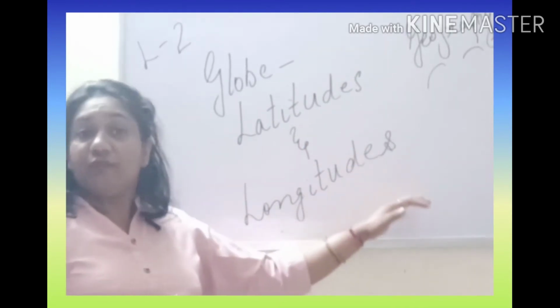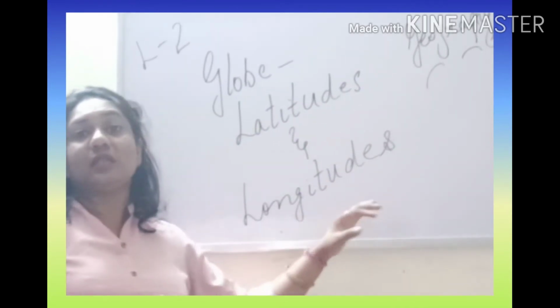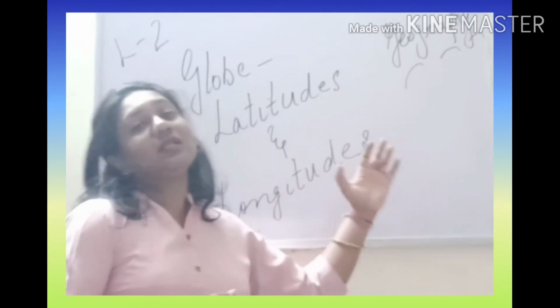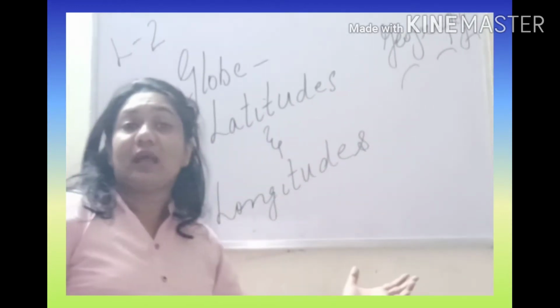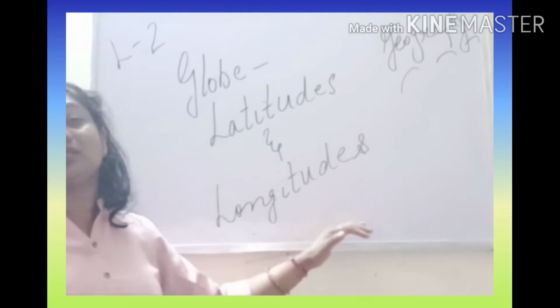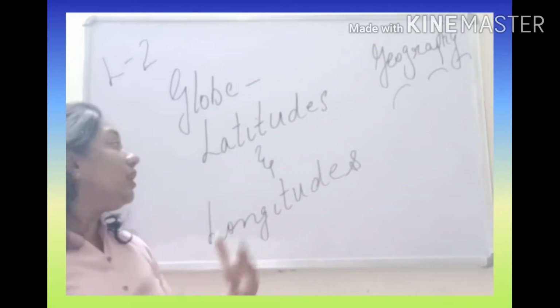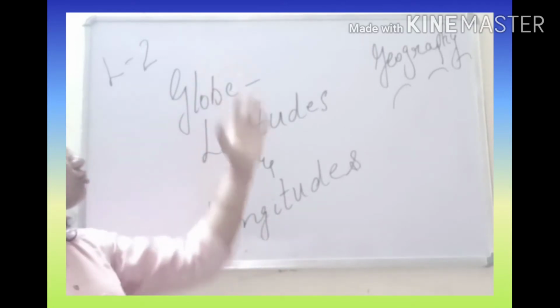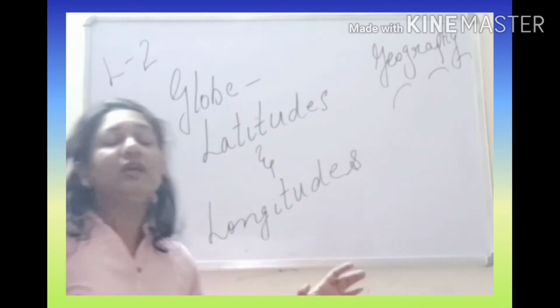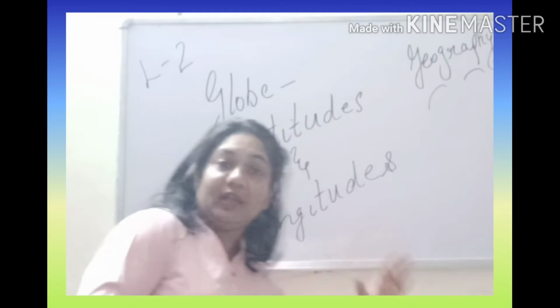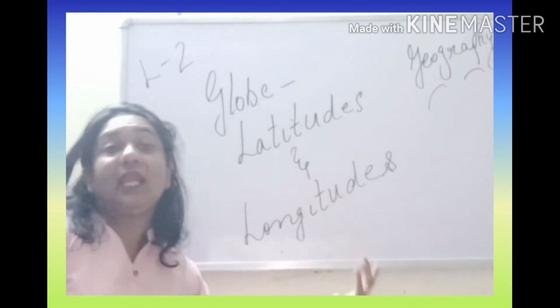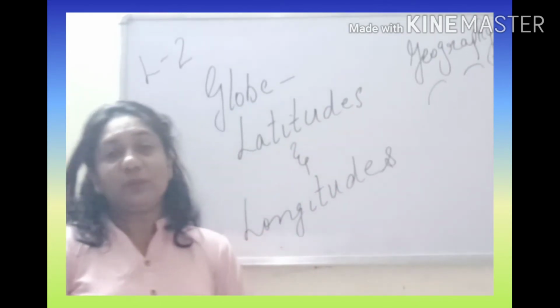Then we will be talking of longitudes, what are longitudes, and we will be also discussing some of the parallel lines that we have in latitudes and longitudes, or we will be discussing about the grid and many more things related to the topic, the latitudes and longitudes. So are you all ready for that? So let's quickly come to the topic now.